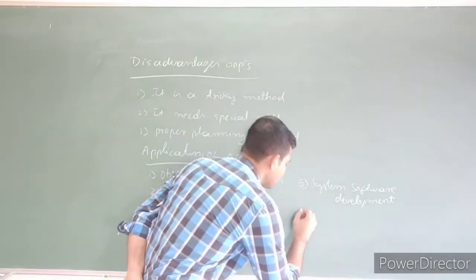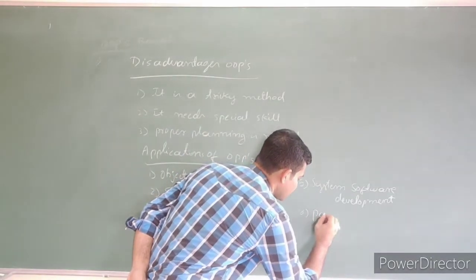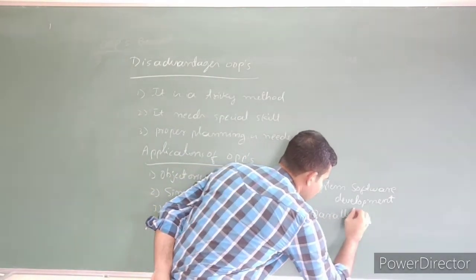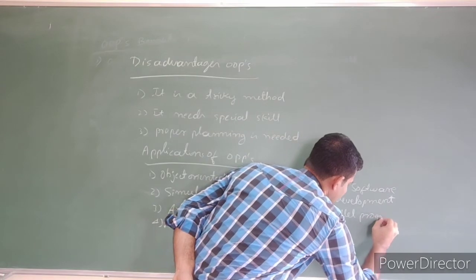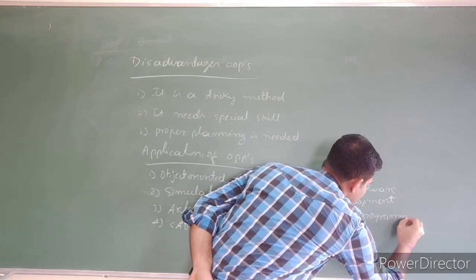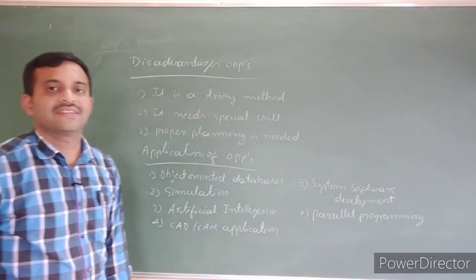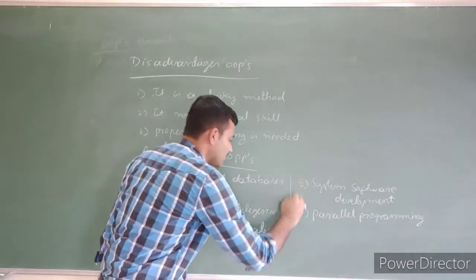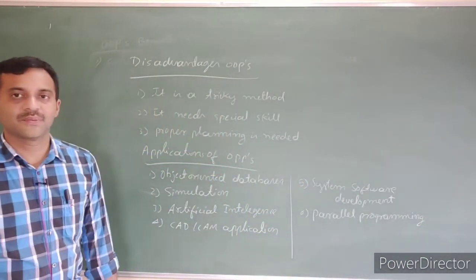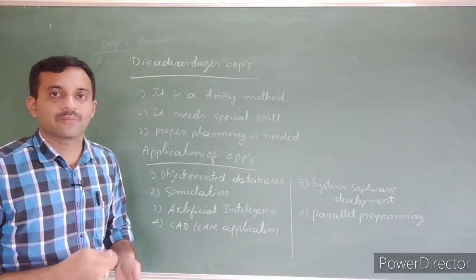Parallel programming or neural networks. These are the applications of object oriented programming. Applications means where we use object oriented programming.